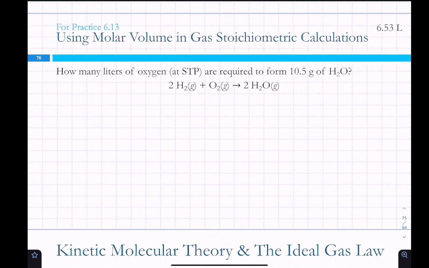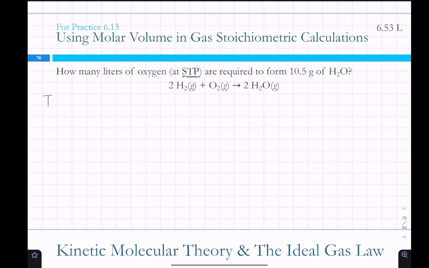So how many liters of oxygen at STP are required to form 10.5 grams of water? So what information have we been given? STP. It's almost like a secret code for standard temperature and pressure.